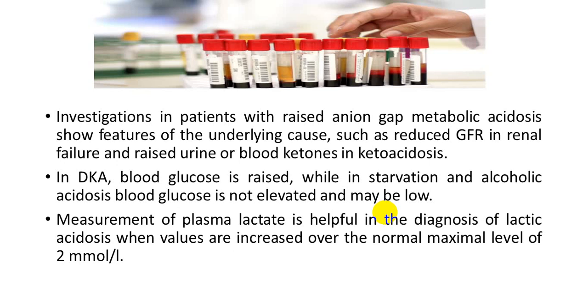In diabetic ketoacidosis, the DKA, blood glucose is elevated, while in starvation and alcoholic acidosis, blood glucose is not elevated and may even be low. Measurement of plasma lactate is very helpful in the diagnosis of lactic acidosis when values are increased over the normal maximal level of 2 millimole per liter.